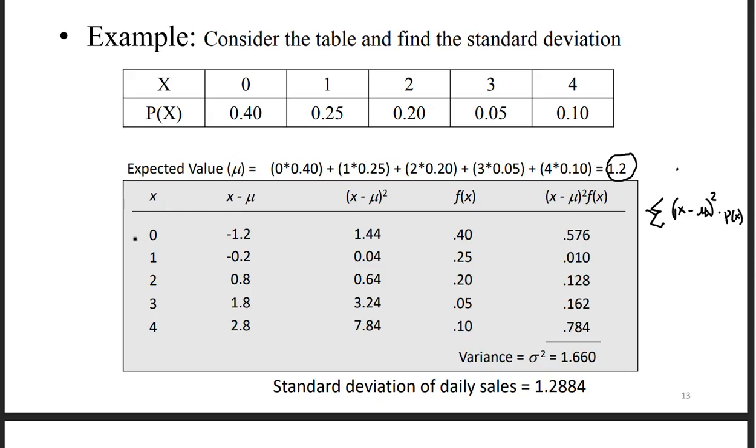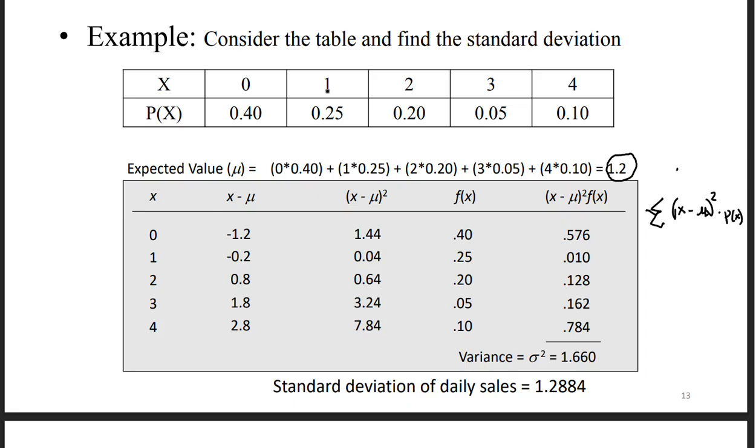In the first case, the value of x is 0. We will subtract 0 from 1.2, which is the mean. 0 minus 1.2 will give us negative 1.2. We will square it, and that will take care of the negative difference. And so negative 1.2 squared will give us 1.44. We will multiply this 1.44 by the assigned probability for 0, which is 0.4, and that will give us 0.576.